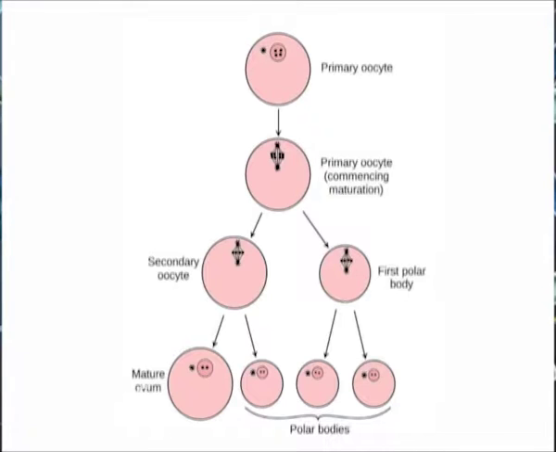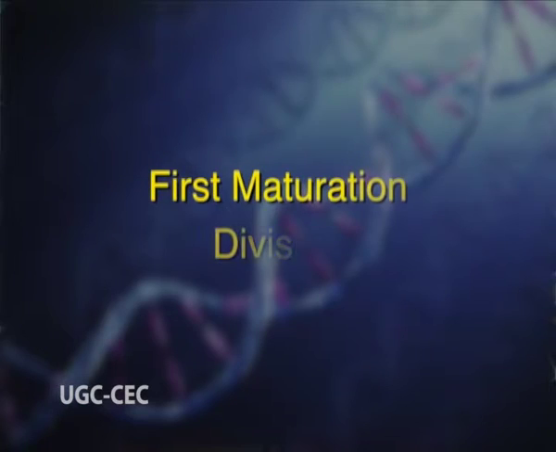This type of unequal division has great significance, which allows one cell out of the four daughter cells to contain most of the cytoplasm and reserve food material sufficient for the developing embryo.